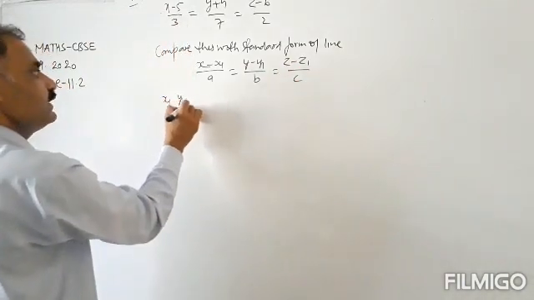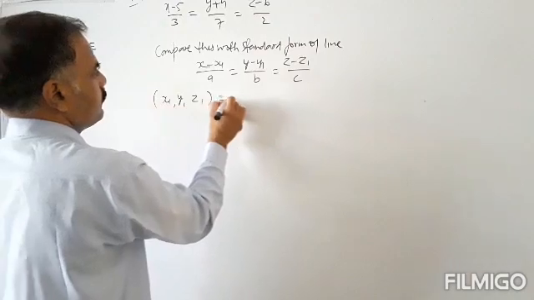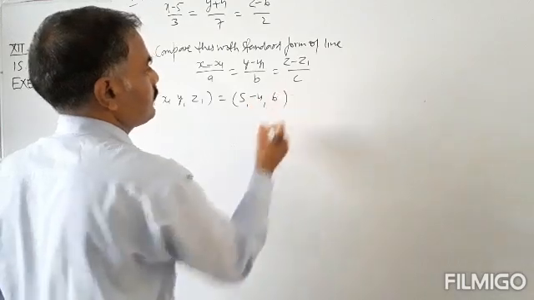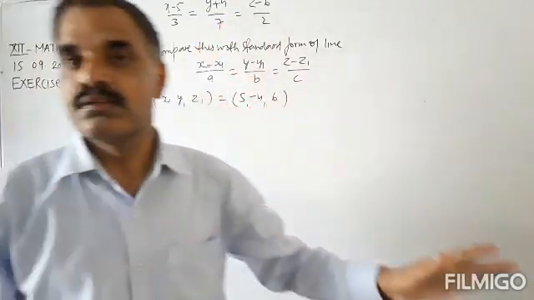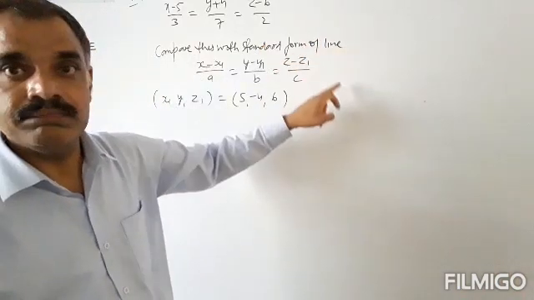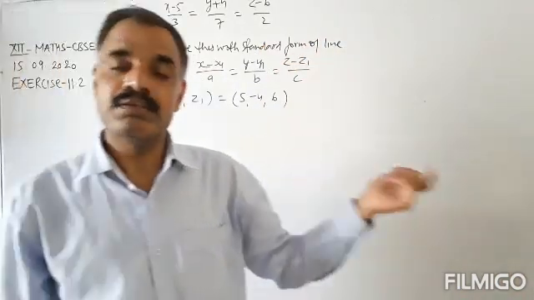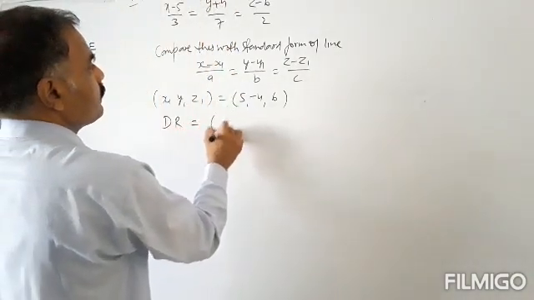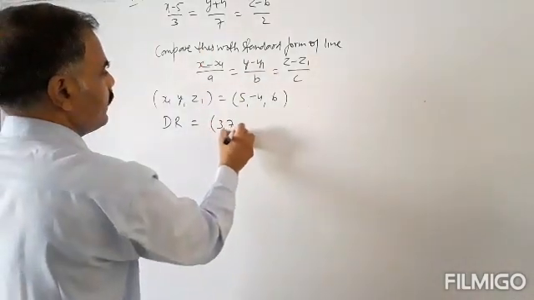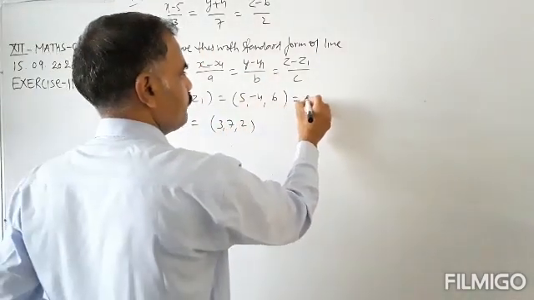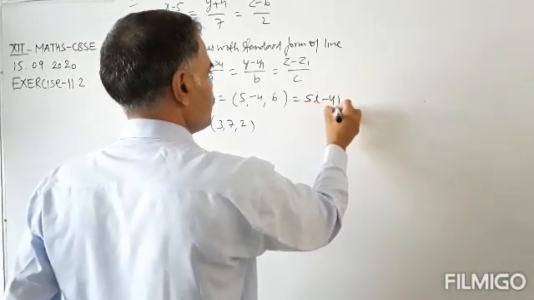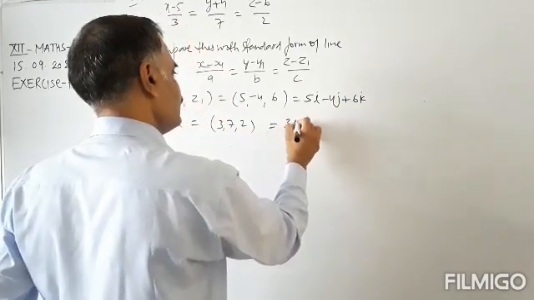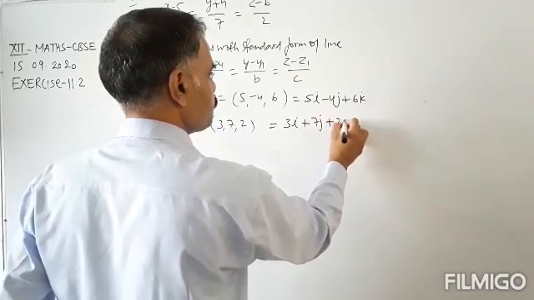After comparing, x1, y1, z1 are 5, minus 4 and 6, and the direction ratios a, b, c are 3, 7 and 2. So these can be written in vector form as 5i minus 4j plus 6k, and 3i plus 7j plus 2k.